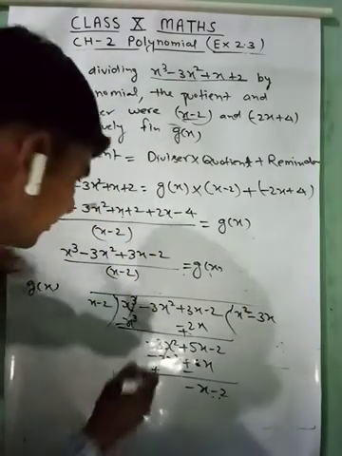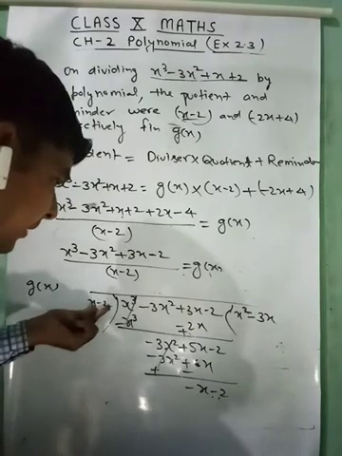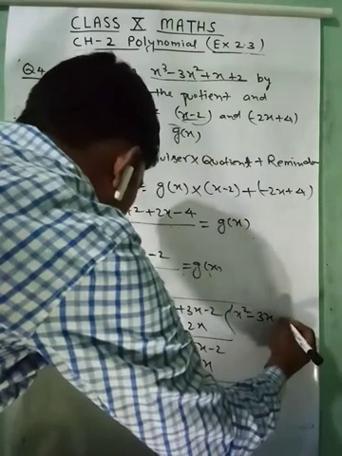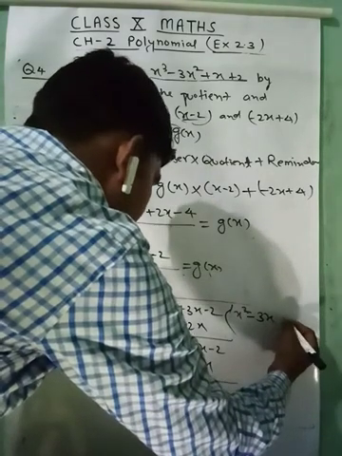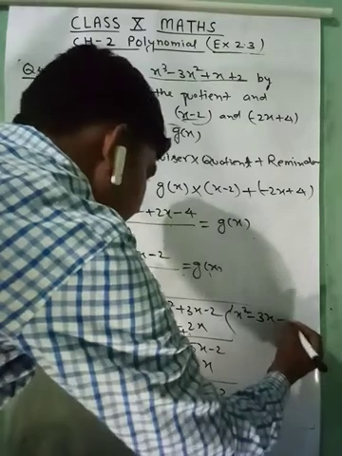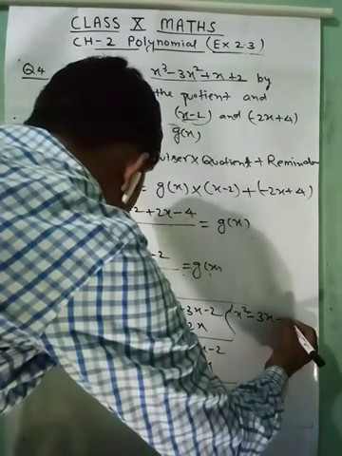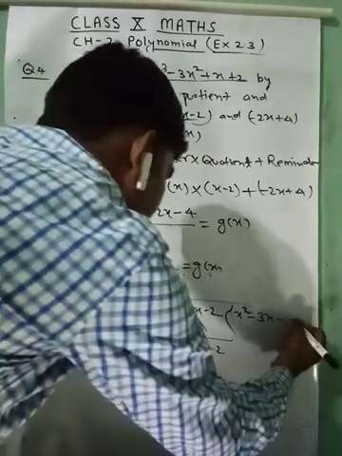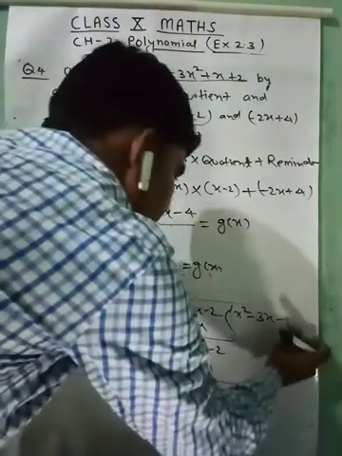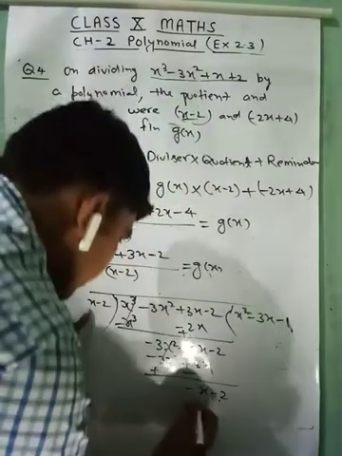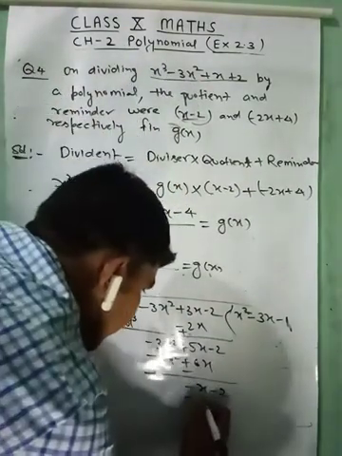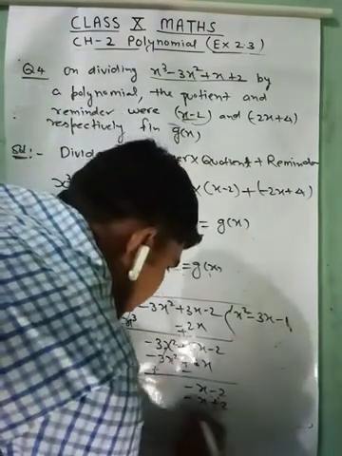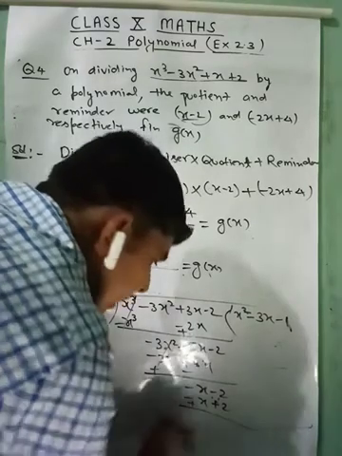So it is x minus 2. Okay, we can take minus x here. We have to remove minus x, so we can take minus 1. When we take minus 1, it will be minus x, and minus into minus is plus 2. This sign will be changed.